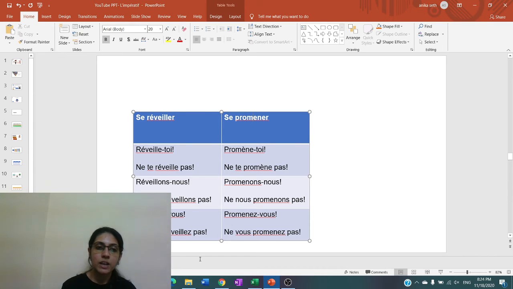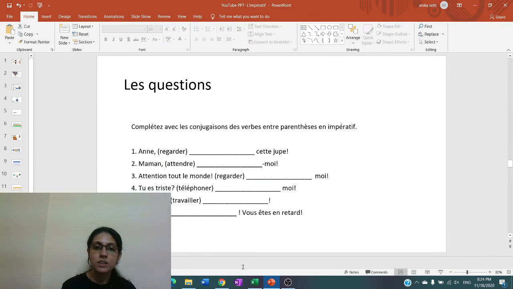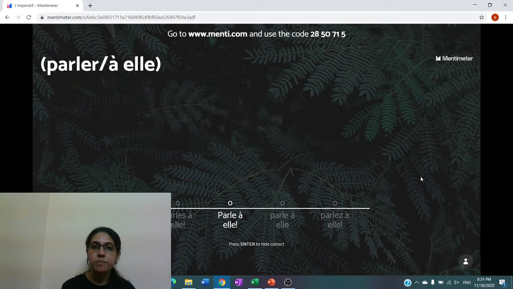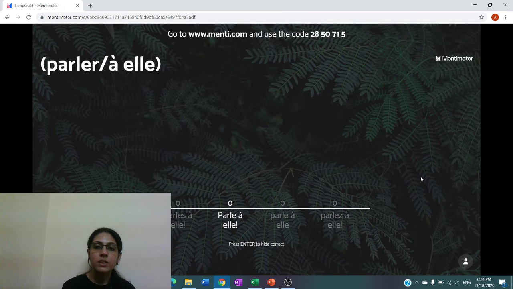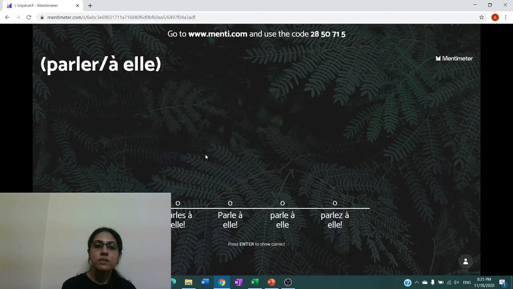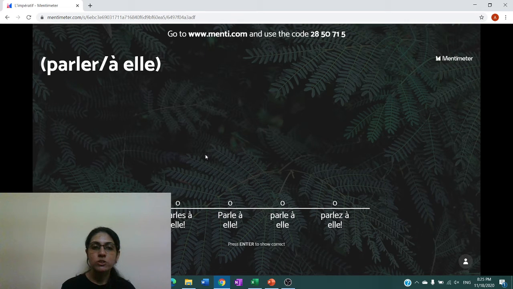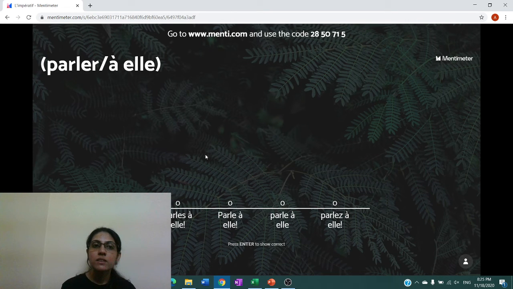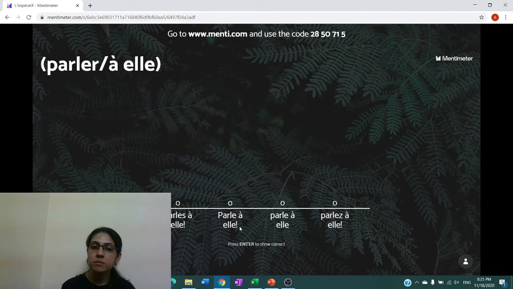Okay. After this, let's do a few questions over here. This one is the verb parler in the imperative. You need to see which of these forms is correct. Parle, parle, parle, all are similar, but of course only one answer is correct.